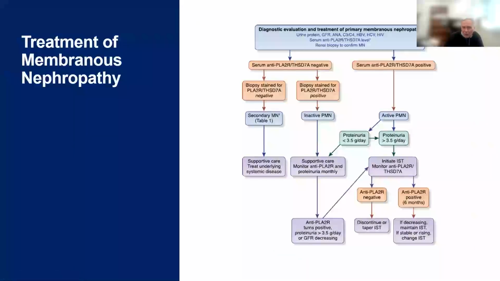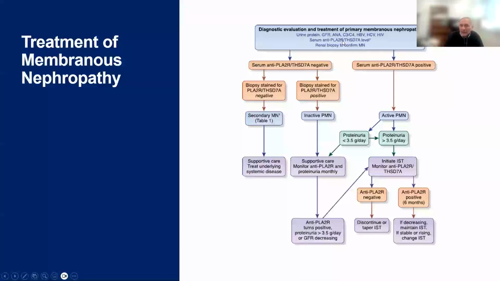So, going back to the evaluation of membranous, how do we evaluate these patients? Like I said, most of our patients already come with a cancer diagnosis, but this algorithm is for any patient with membranous. We do the initial serology, quantify the proteinuria, and look at GFR, complement, hepatitis, and HIV.